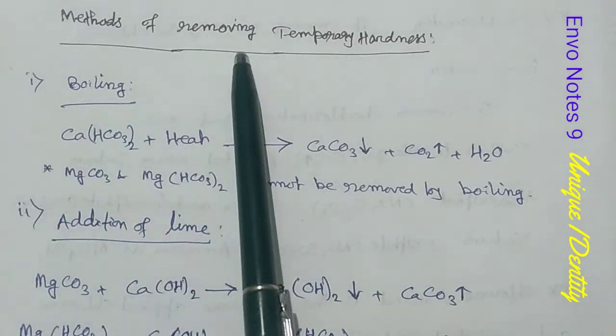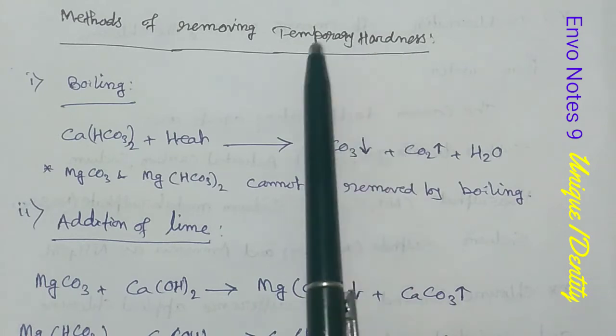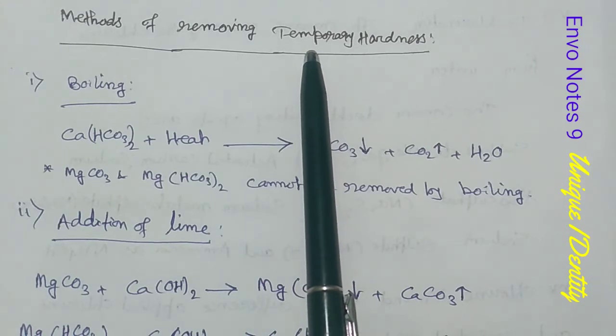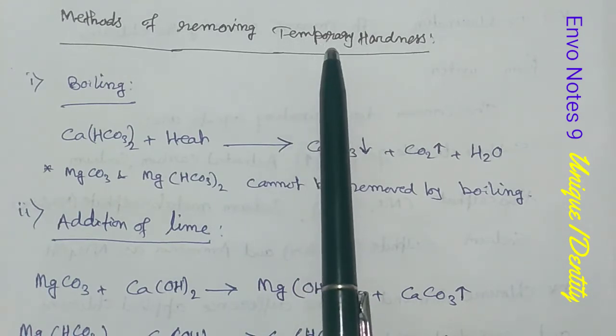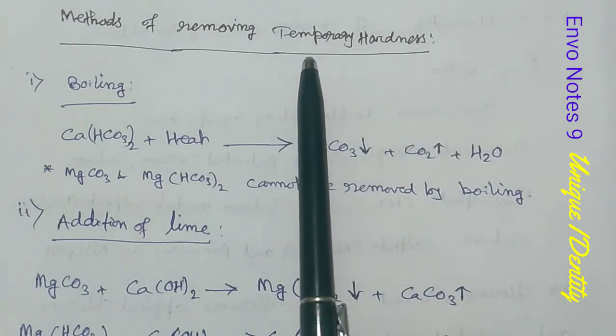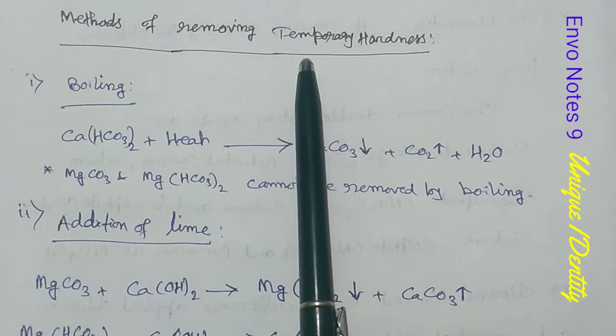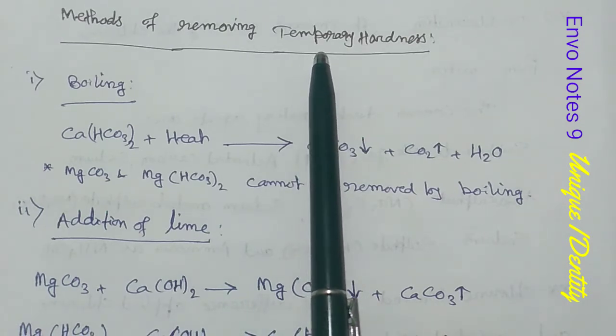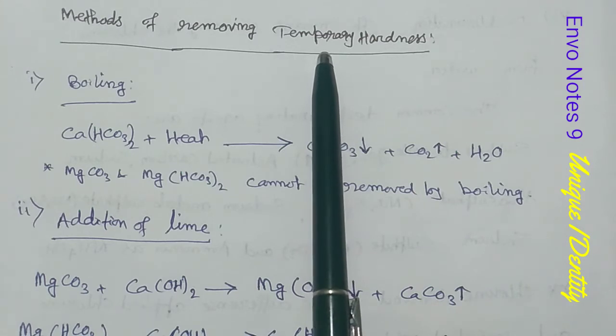Now the methods of removing temporary hardness. As we discussed in our previous lecture, there are two types of hardness: temporary hardness and permanent hardness. Temporary hardness is the carbonate or bicarbonate hardness, that means caused by the carbonates or bicarbonates of calcium and magnesium.